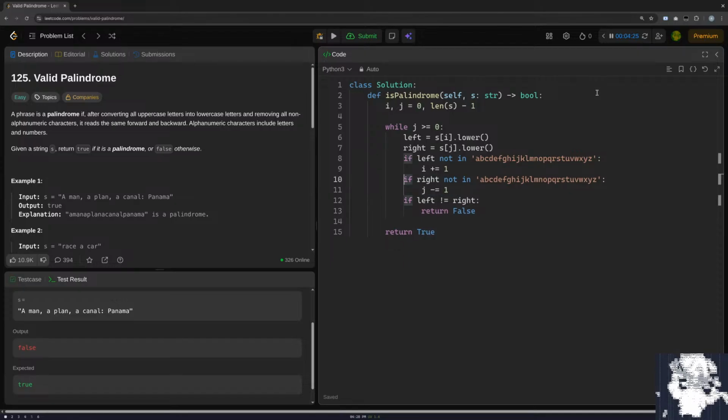I can get rid of these continues by just making these ifs. So increment the left one if it doesn't count. Increment the right one if it doesn't count.